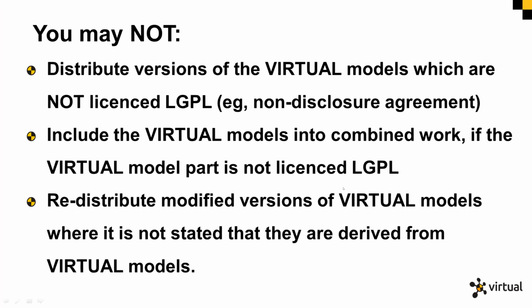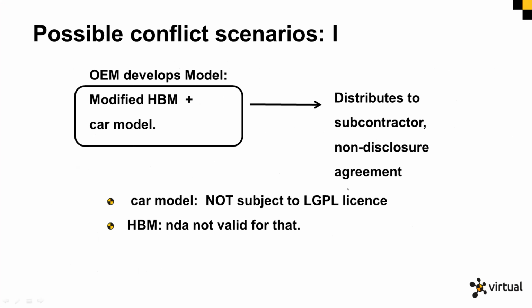Then if I still have a minute, I could still explain. The reason that we chose this exact license is because we wanted to cope with two possible conflict scenarios. One scenario is a typical scenario that an OEM wants to actually test a product with an HBM that comes from virtual or maybe a modified version thereof. Then the OEM would build a combined model comprising the virtual HBM and a car model that's property of the OEM.